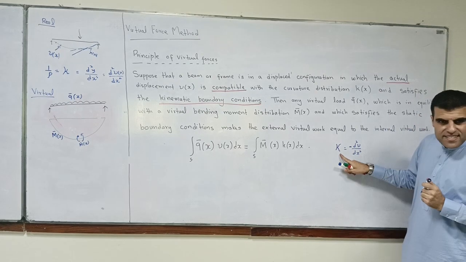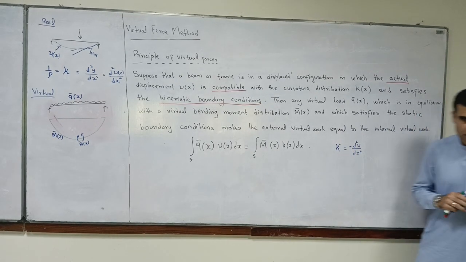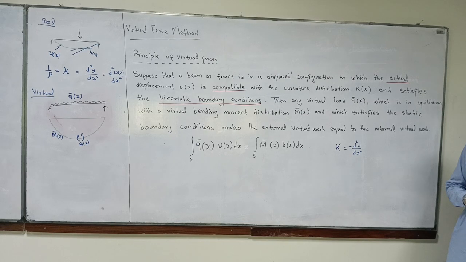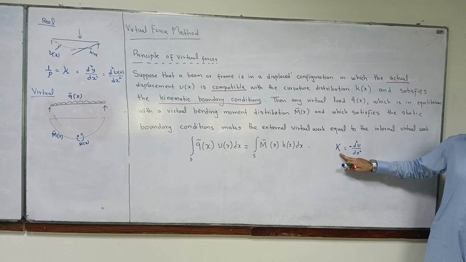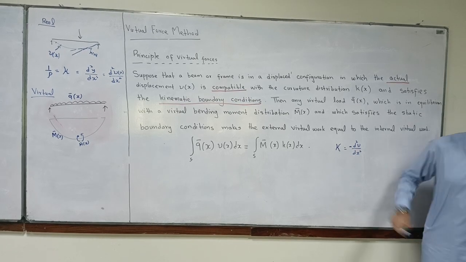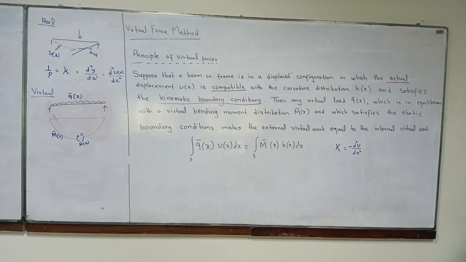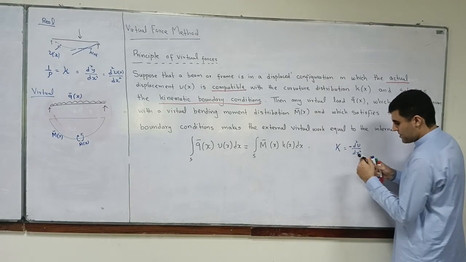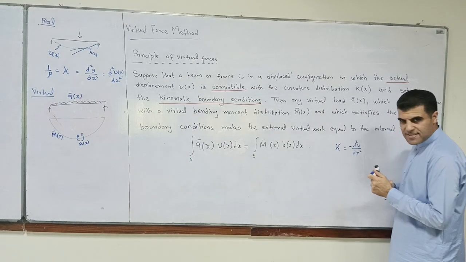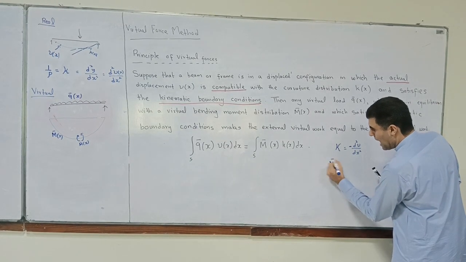Okay, so this is kappa is equal to minus d2v by dx squared. Okay? That is your curvature. Now, you can multiply both sides with m bar of x, a virtual moment.